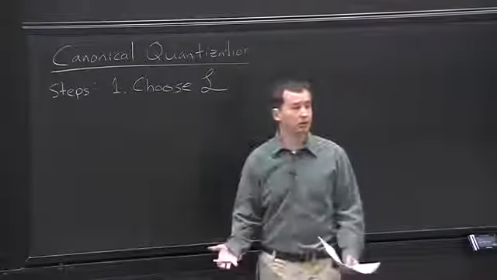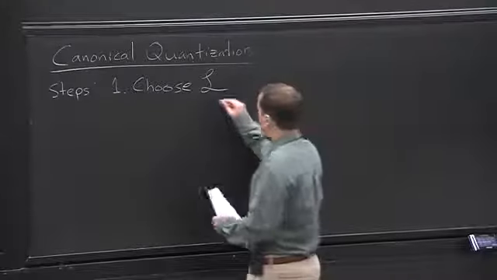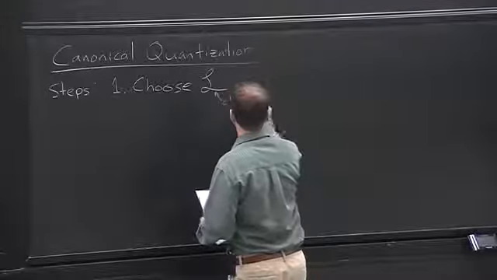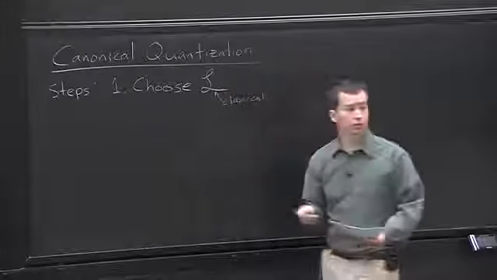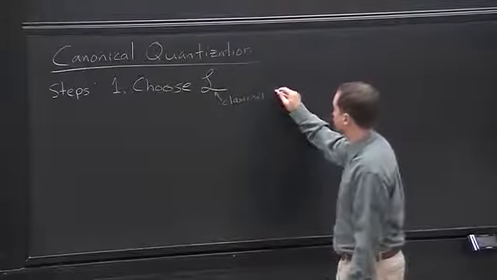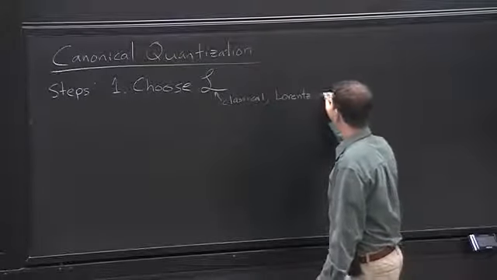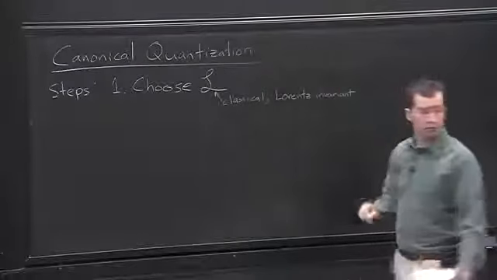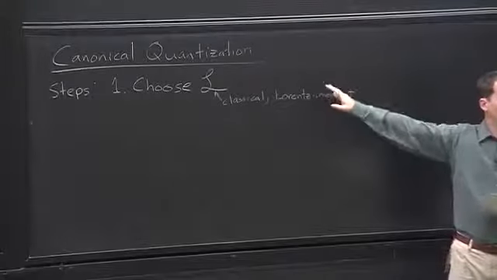It just has a kinetic term involving the derivatives and a mass term. This Lagrangian is a classical Lagrangian, and if we want to end up with a Lorentz invariant quantum field theory, we want to make sure we choose the classical Lagrangian to be Lorentz invariant.